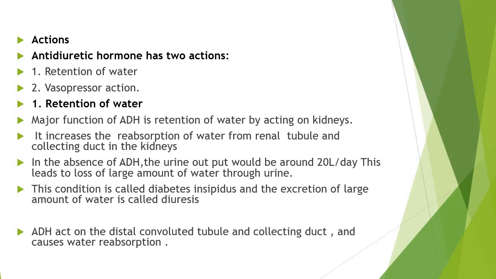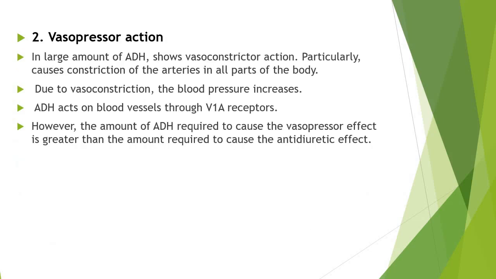This leads to loss of a large amount of water through urine. This condition is called diabetes insipidus, and the excretion of a large amount of water is called diuresis. Antidiuretic hormone acts on the distal convoluted tubule and collecting duct and causes water reabsorption.